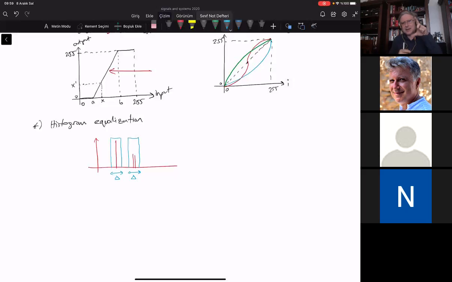So their total count are still a lot inside the delta range. I hope I'm making myself clear. This is how we are going to convert the histogram to a uniform histogram, so-called uniform.